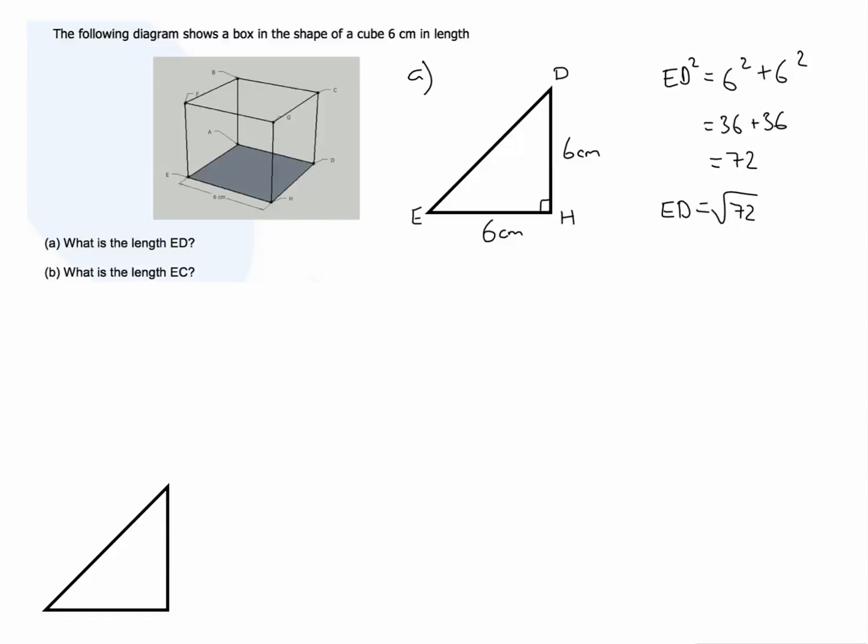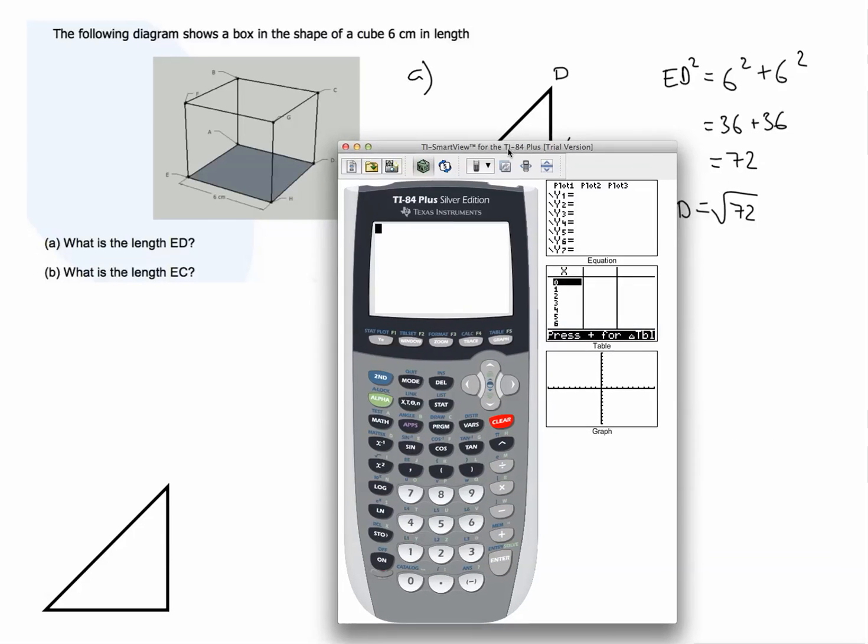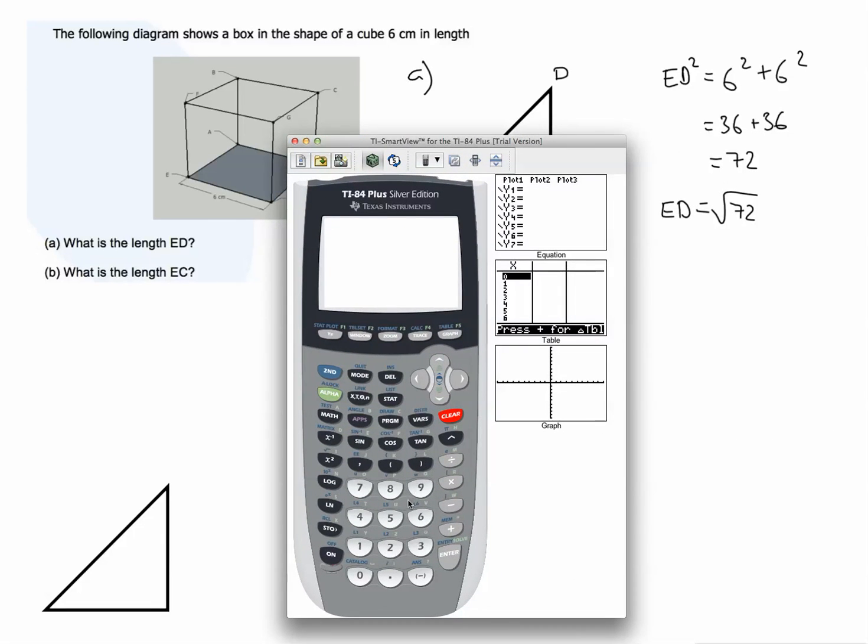Now if I get my calculator, I can do that fairly quickly, and often I find a shortcut to square rooting is to raise to the power of a half. The square root button is there on your calculator, so if we do it that way this time, the square root of 72 is equal to 8.485 and so on.